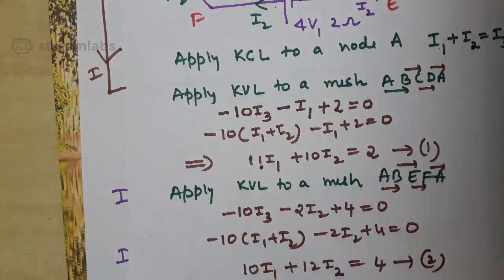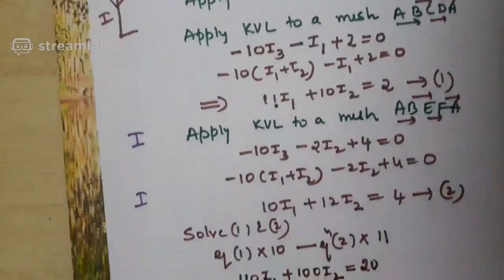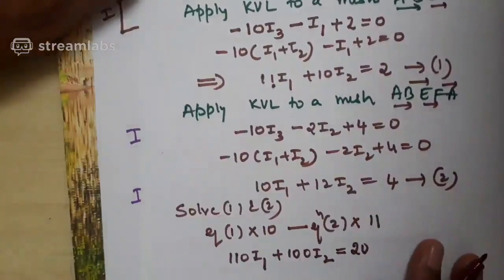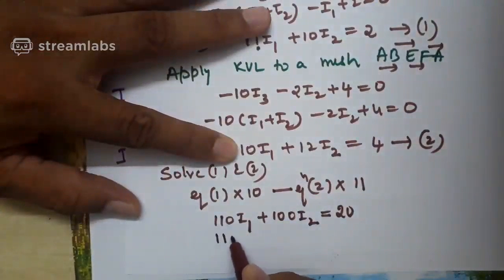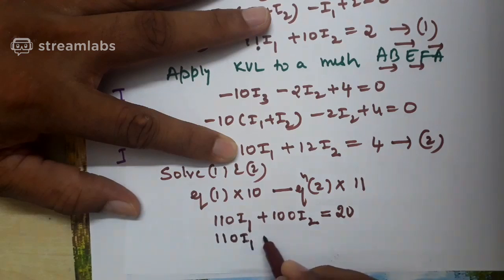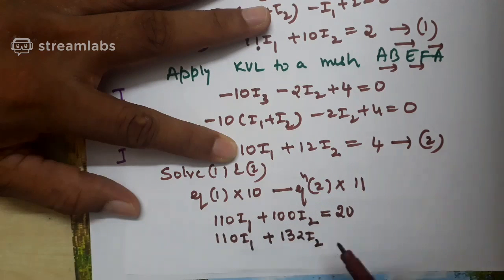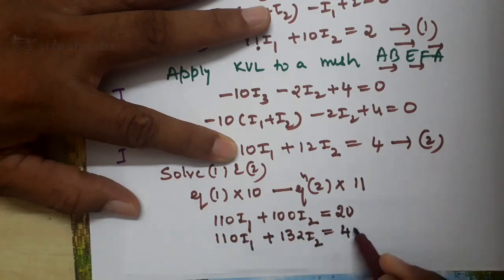Then this will become 100I2, and this will become equal to 20. Now I am multiplying equation 2 by 11. This will become 110I1, and 12 into 11 is 132, no? 132I2 will be equal to 11 into 4 is 44.